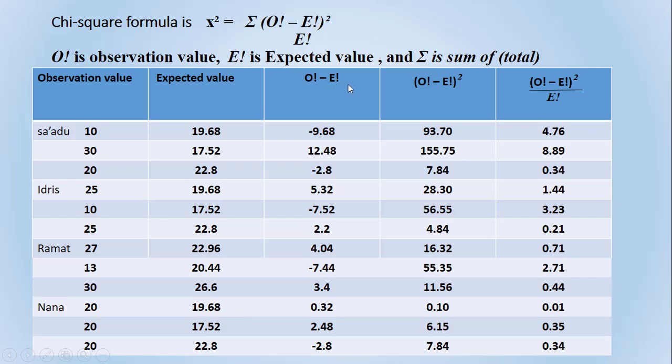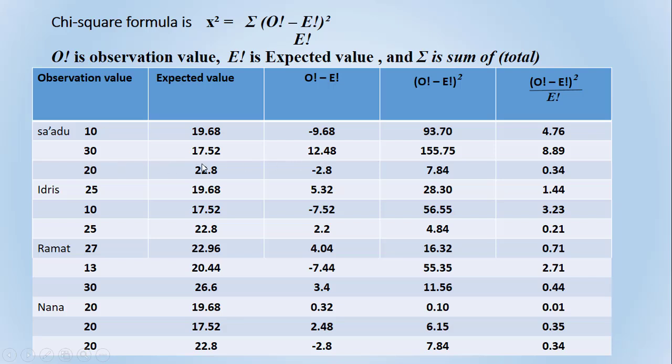So we'll move into the next table. We have O minus E, which means observed value minus the expected value. We have to subtract the expected value from the observed value. So we start with the first one. 10 minus 19.68, you have minus 9.68. Check with your calculator. 30 minus 17.52, we have 12.48.